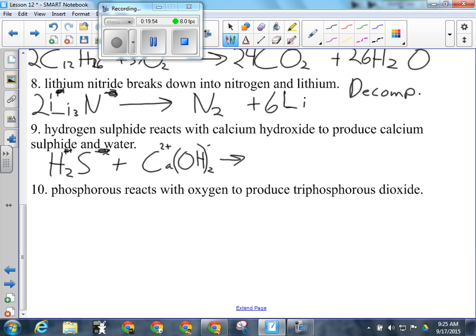It's going to produce calcium sulfide, also an ionic compound, 2+, 2 minus, when I drop and swap, that one's set up okay. And hydrogen and water. Now, I'm going to write water like that. Why am I going to write water like that this time? Right, it's a double replacement reaction. It helps me trace where OH went.